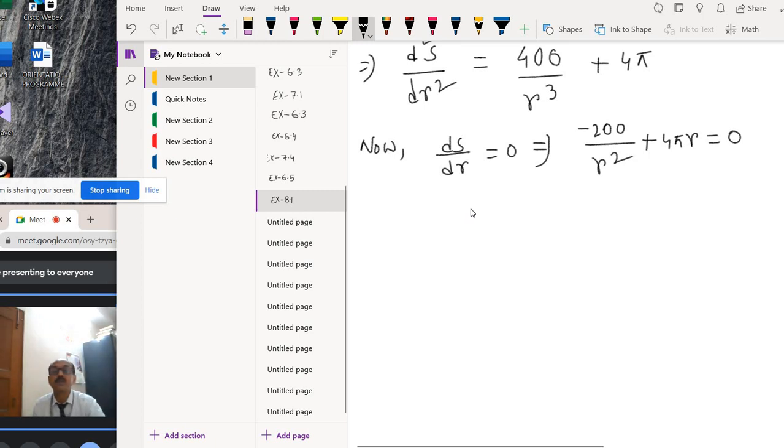So minus 200 by r square equals minus 4 pi r.